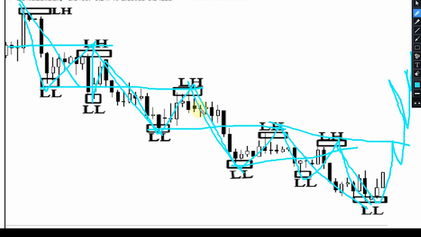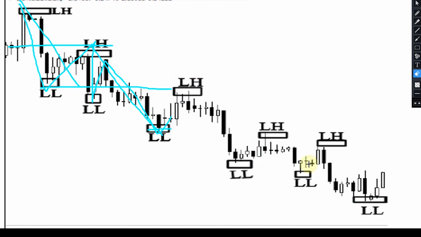After this illustration, we are also going to check the live chart so that you can see how the trend changes from one trend to another: uptrend, downtrend, consolidation. We are going to look at all of them in the live chart. Feel free to let me know what questions you have, and let me see how I can answer you.